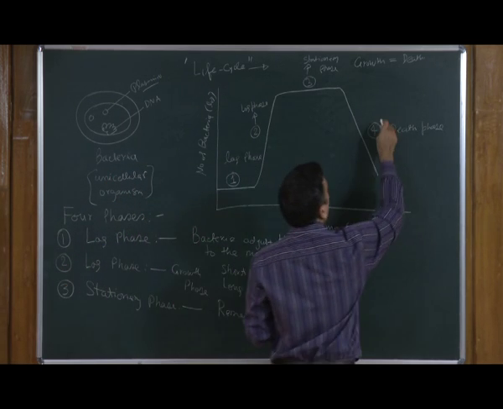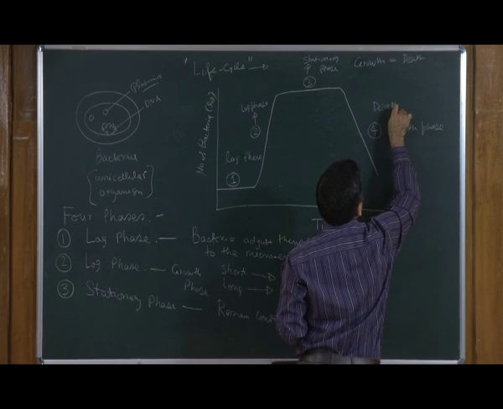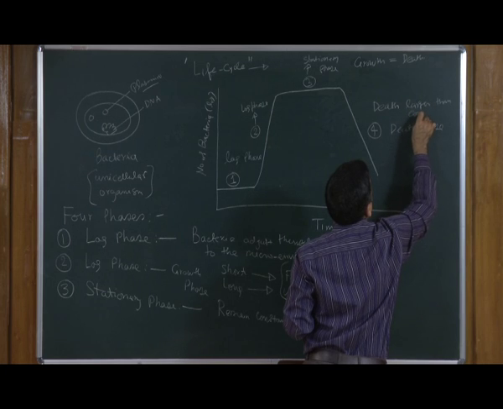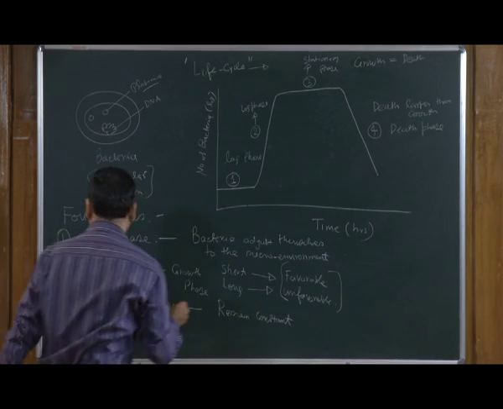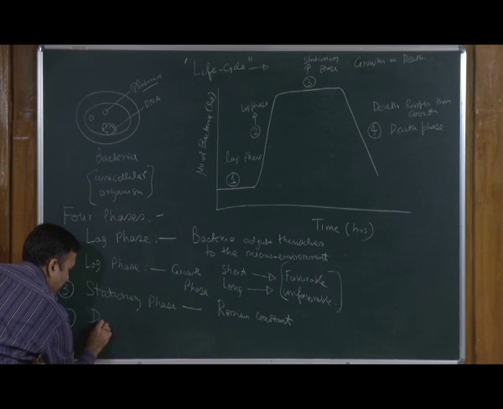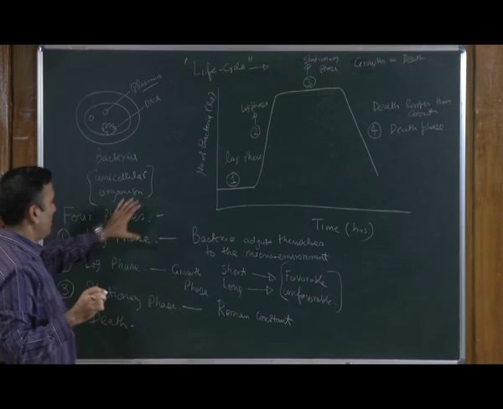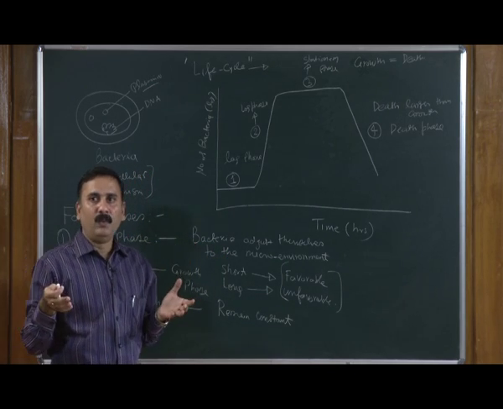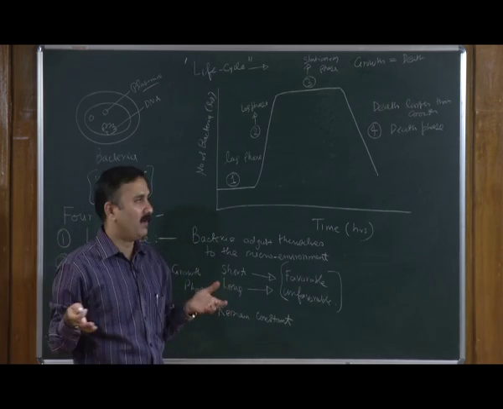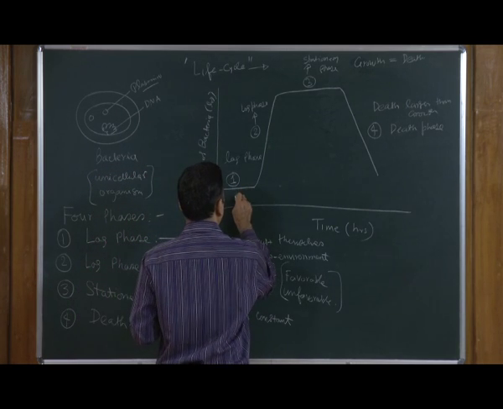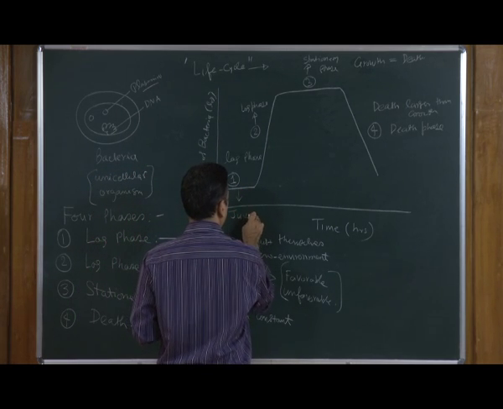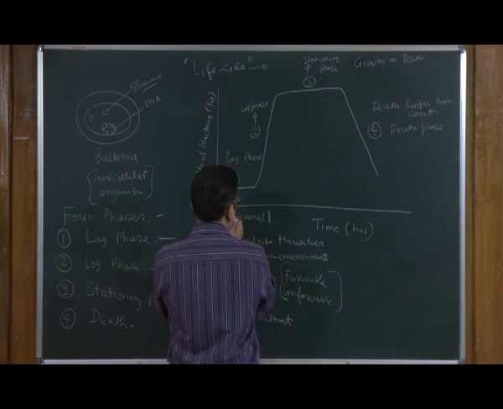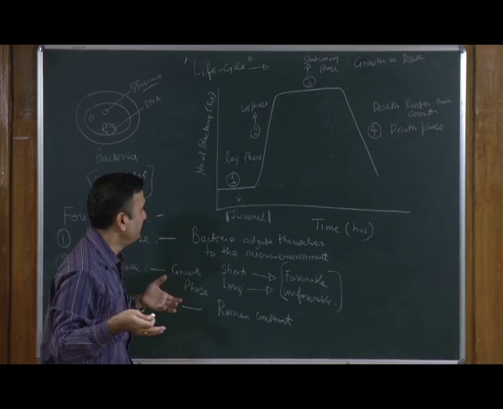So, then the death is going to be larger than growth, and that is the fourth stage, called the death stage. Now, if I try to correlate these phases with the life cycle of a human being, I would say this lag phase is actually the juvenile phase, where a bacteria is acquiring or adapting itself.